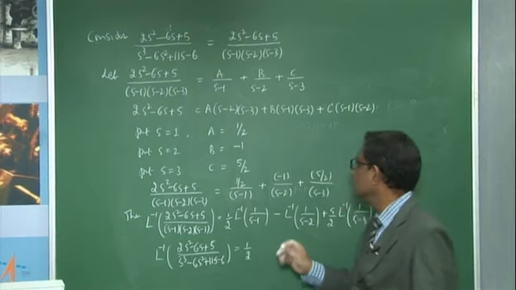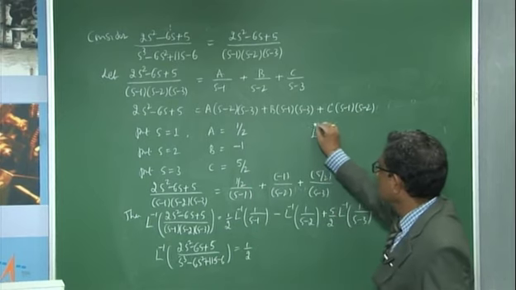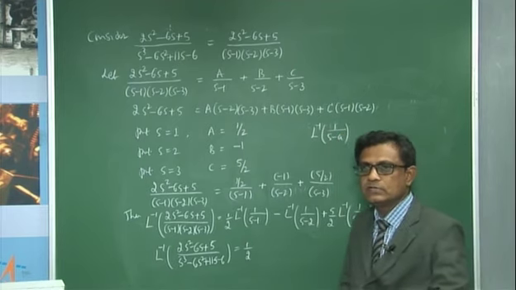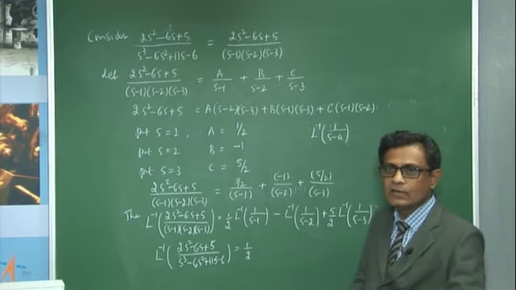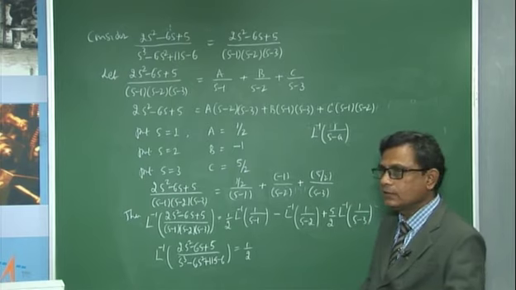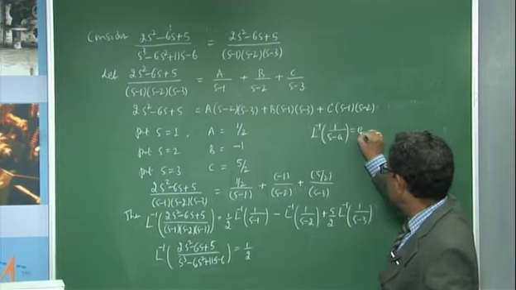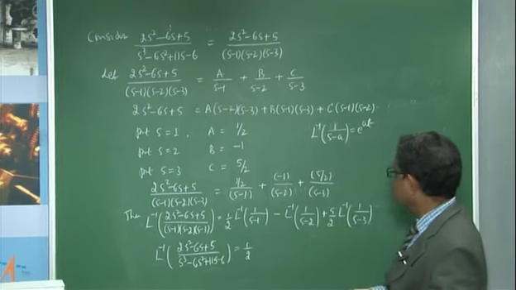By using the standard formula, L inverse of 1 divided by (s − a): again you must know the basic standard formulas. L inverse of 1 divided by (s − a) is e^(at).